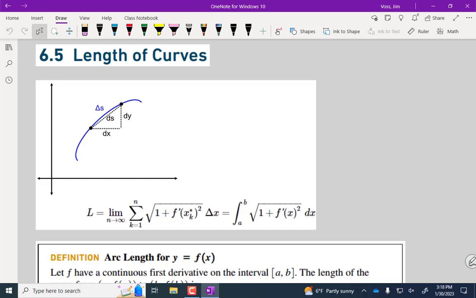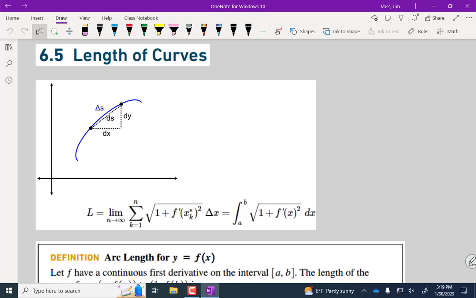So let's do a little bit of a refresher from Calc 1 on differentials. In Calc 1, you had 2 ideas. You had the differential and you had the increment. And we have to be very clear on which is which and what they mean.